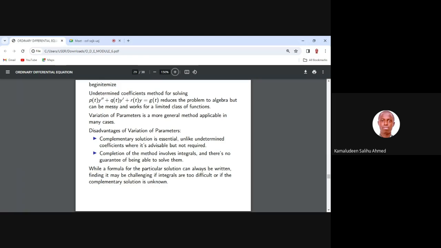Number one, the complementary solution is essential, unlike undetermined coefficient, where it is advisable but not required. In the undetermined coefficient, we focus on the right hand side; without that, you can't do anything, except for that question 2 that we solved, which is the IVP.